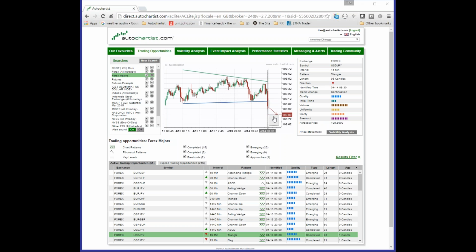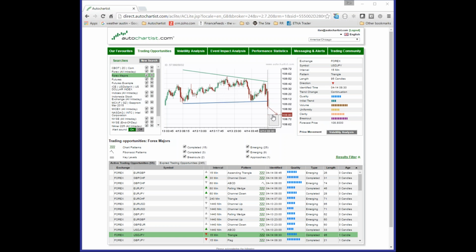Now, when Autochartist provides a target region to which we think the price is going to go, we actually keep track of whether the price actually hit that forecast region or not.